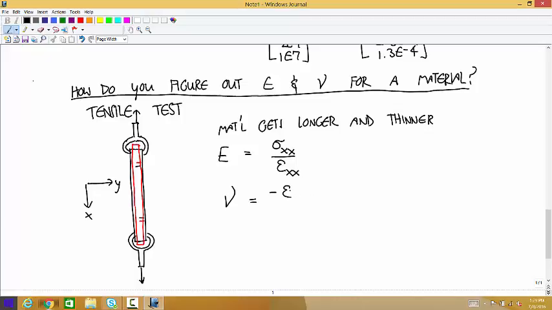So in this case, that would be the YY strain divided by the axial strain, EXX. So you apply that load, you get it to stretch, you measure the change in that distance and use that to measure an axial strain. You measure this distance and use that to measure the off-axis strain. And then you use your measurements to calculate those values using these definitions.